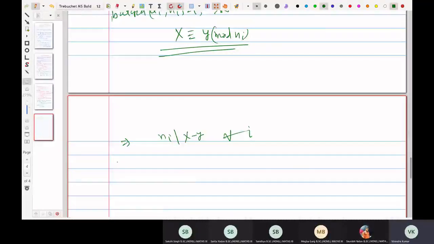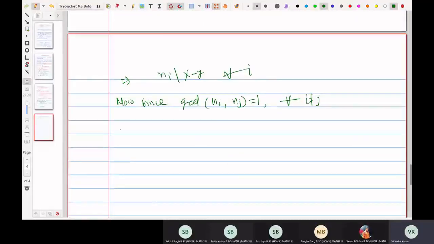Okay. Now since the greatest common divisor of Ni and Nj is 1 for i not equal to j, that is, they are relatively prime, this means that the greatest common divisor of N1, N2, up to Nr is going to be 1, because they are mutually prime.